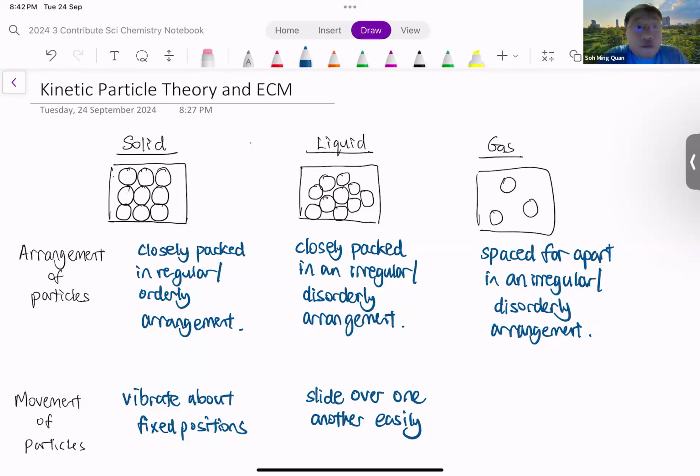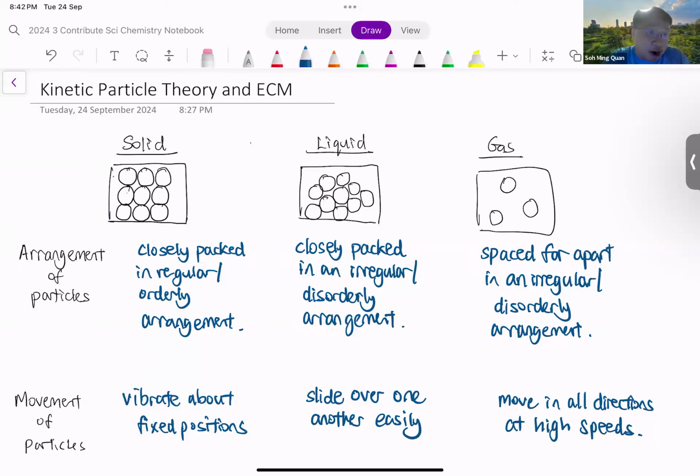And finally, for a gas, the particles move in all directions at high speeds. Okay, so really you are considering that the particles in a gas are moving and whizzing around in all directions at very high speed.